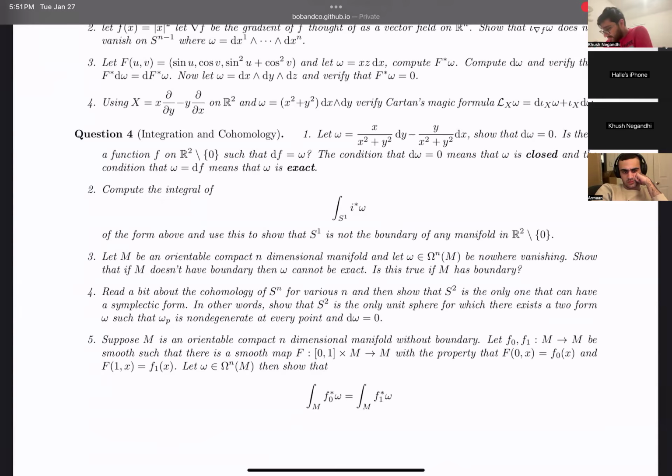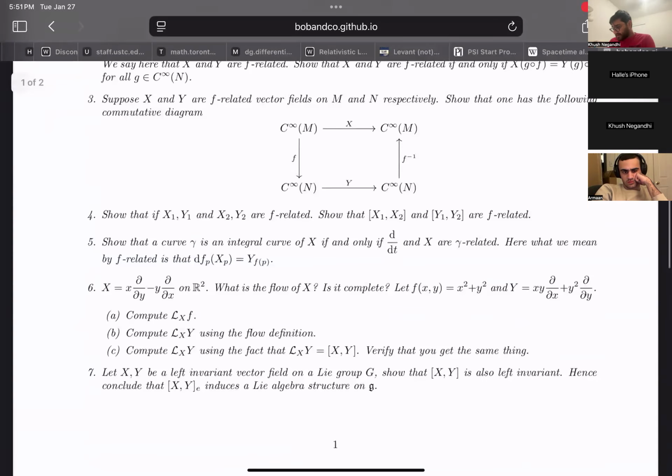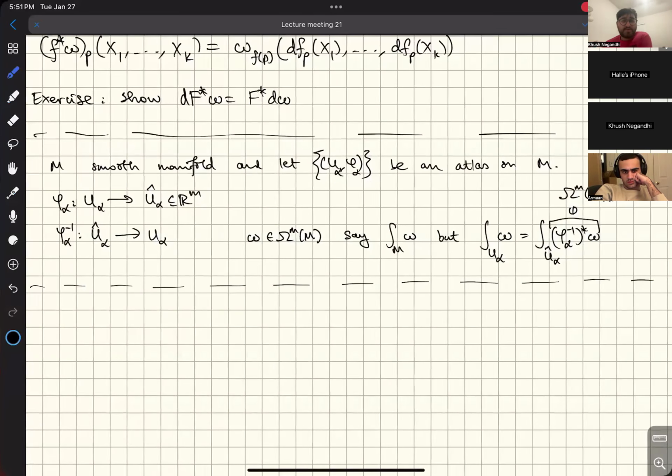So on Saturday we'll talk about Stokes' theorem, and then starting next Tuesday, we'll talk about Riemannian geometry, curvature, and geodesics. That's when we'll start with the motion of free particles in an arbitrary curved space.